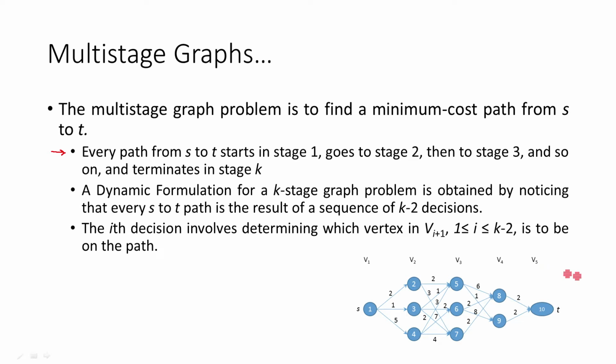These are a total of 5 stages. We have one node in stage 1 and one node in stage k, that is 10. So if we want to find a path from the first node in stage 1 to the node in stage k, we need to take only k minus 2 decisions.